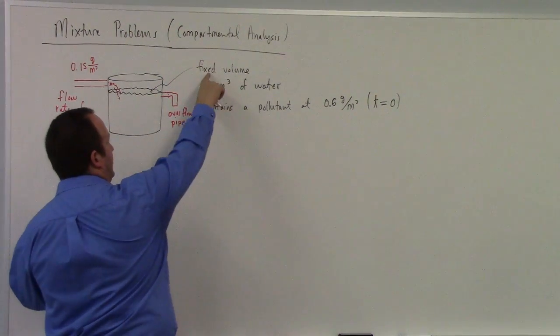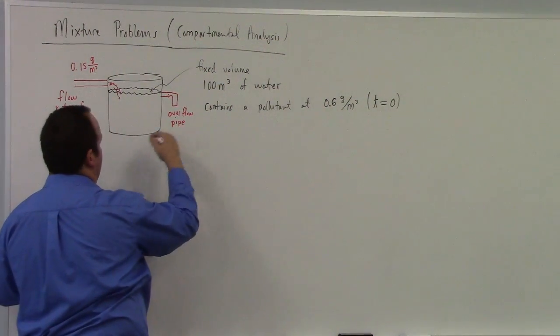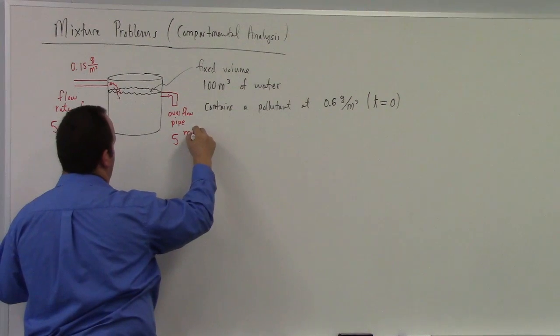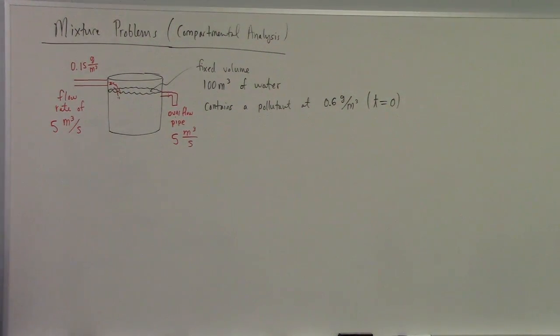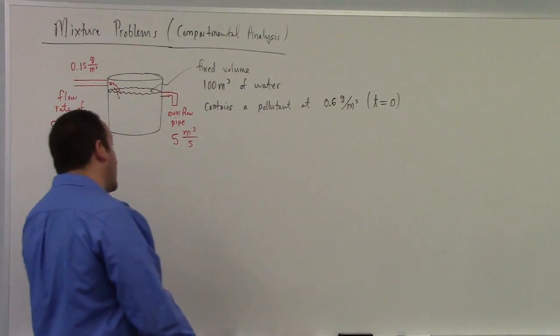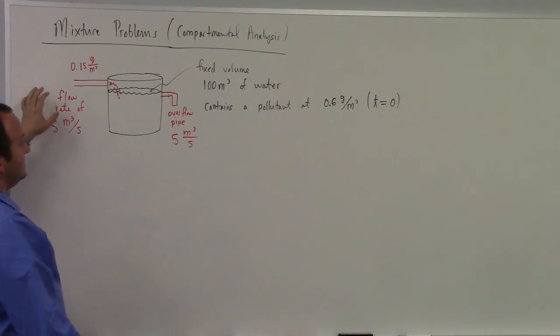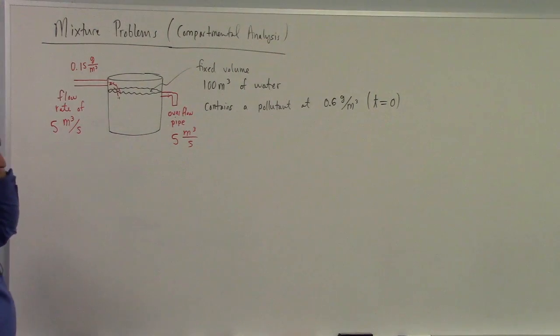And since we said the volume is fixed, what does that mean? That means there has to be 5 cubic meters per second flowing out here. This water is neither created nor destroyed in this process, so there's a conservation of water. But there's less dirty water flowing in, and there's more dirty water there to start with, all right?